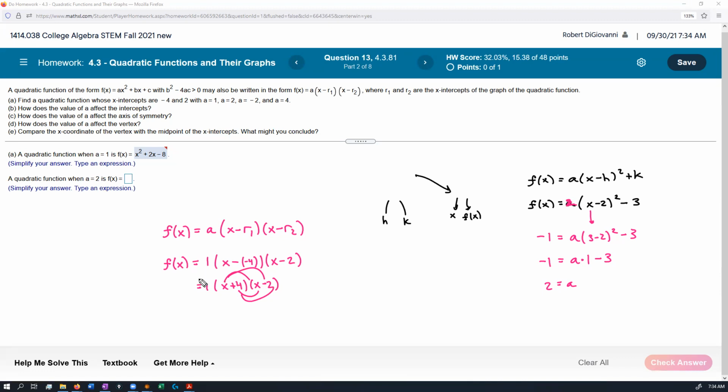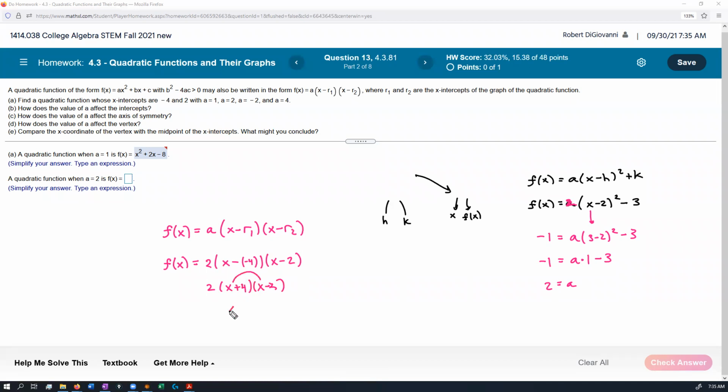So the only difference on this next part is if a is 2, then we would take the same thing and replace this with a 2. So let me multiply this out. This is 2 times (x plus 4) times (x minus 2).